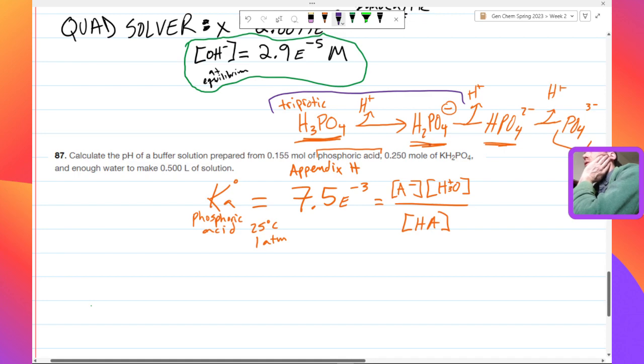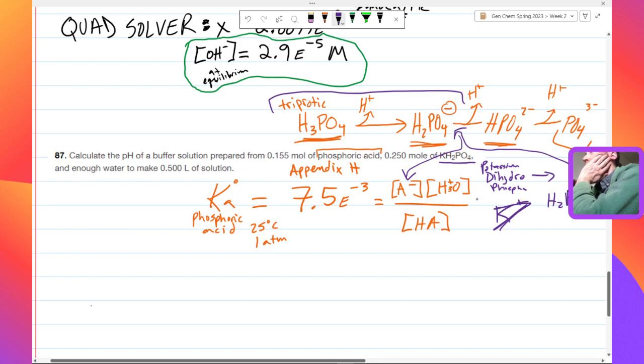This is what they have told us, because this is yet another case of KH2PO4, or potassium dihydro, I bet is how some people would call it, phosphate. That goes into water and it dissociates into K plus, spectator ion that we don't care about, and H2PO4 minus, which is the conjugate base.